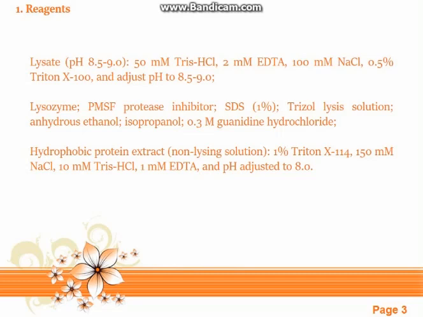Trizol lysis solution. Anhydrous ethanol. Isopropanol. 0.3 M guanidine hydrochloride. Hydrophobic protein extract, non-lysing solution: 1% Triton X-114, 150 mM NaCl, 10 mM Tris-HCl, 1 mM EDTA, and pH adjusted to 8.0.